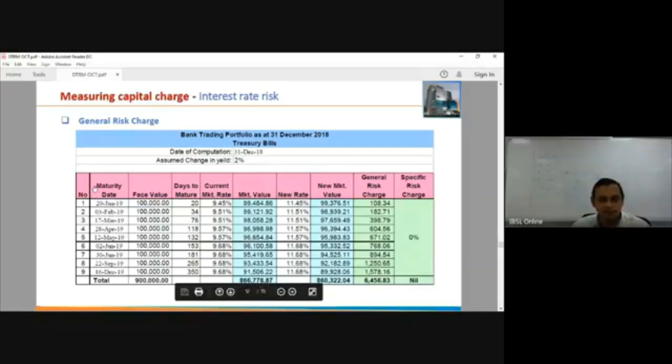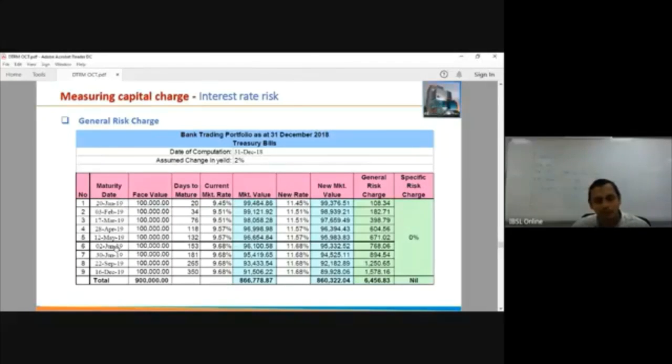Now say on this date you have this many treasury bills. These are individual bills, and these instruments were invested on different dates. Therefore, you have different maturity dates. So this instrument will mature on 20th January 2019.